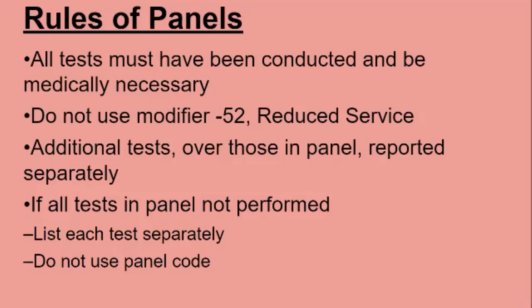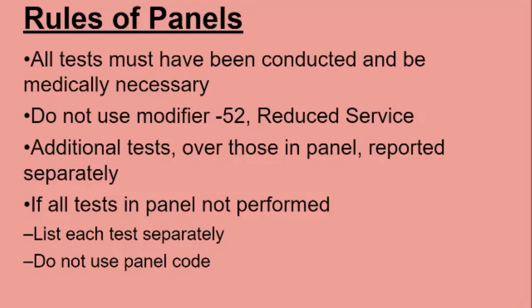Now say that you did all of these in 80047. You did the basic metabolic panel. And then you did urea nitrogen, or BUN. If you look at 80048, well, hang on, I'm kind of throwing this together as we're going.